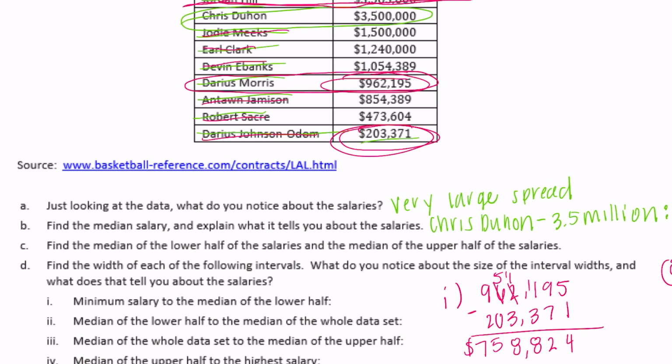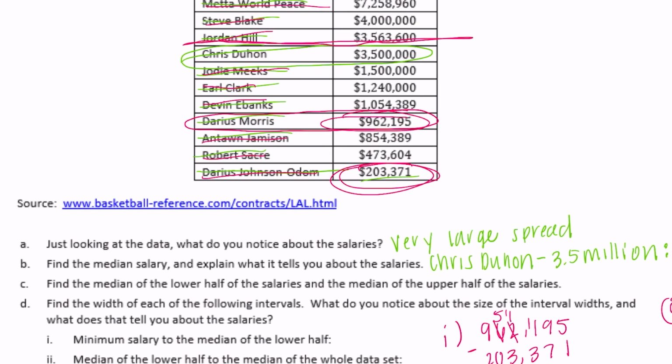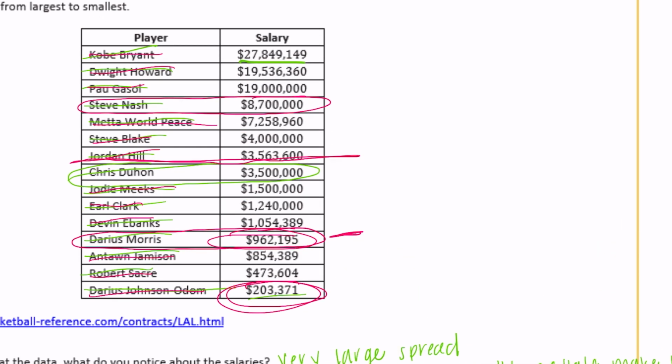Median of the lower half to the median of the whole data. So median of the lower half was this. Let's do this up here, to the median of the whole thing. So 3,500,000 minus 962,195.